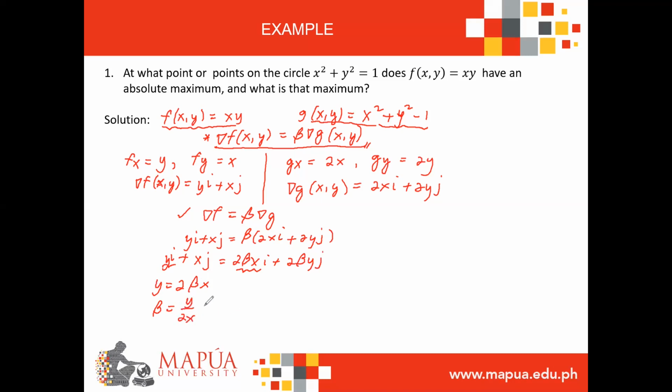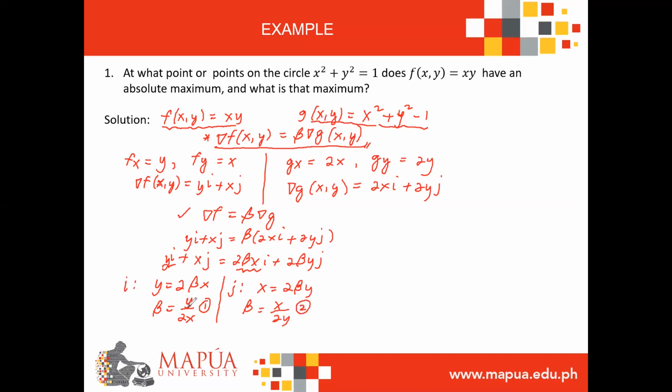Let us have this as equation 1. Likewise, let us collect also the j component. We have here x is equal to 2 beta y. Expressing beta in terms of xy, we have x over 2y. Let us call this equation 2.